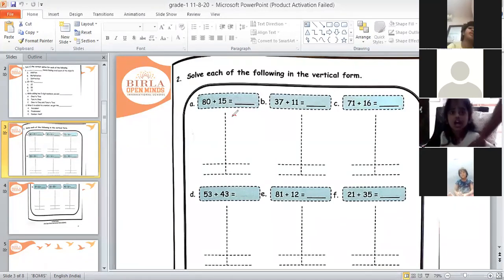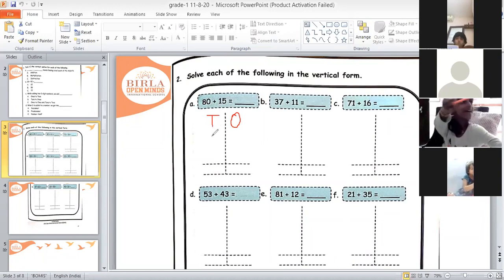O stands for ones. Okay, and we will write T here. T stands for tens. Okay, first we will write ones and tens here, and then we will arrange these numbers. So your first number is 80, so 8 will come in tens place, so we will write 8 here in tens place, and this 0 will come in ones place, so we will write 0 here.